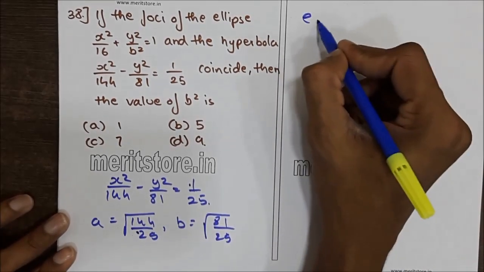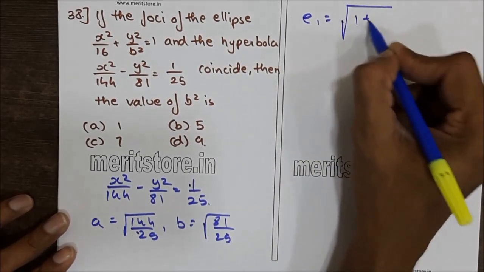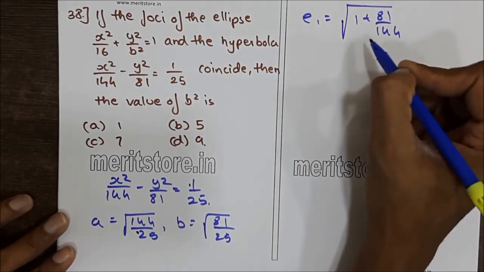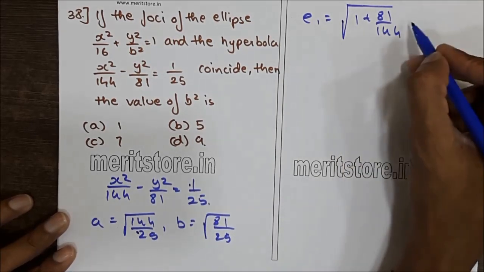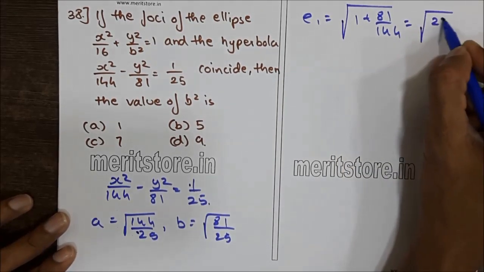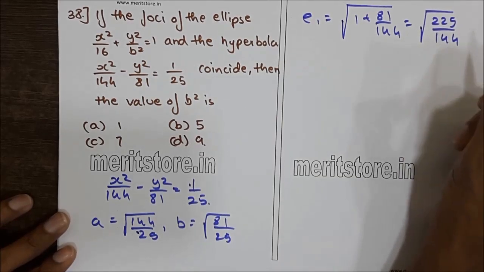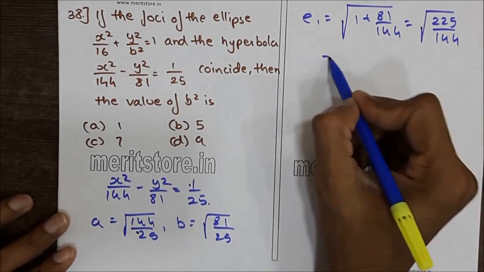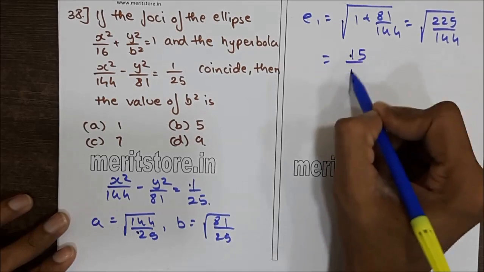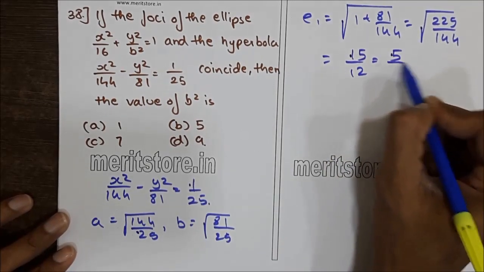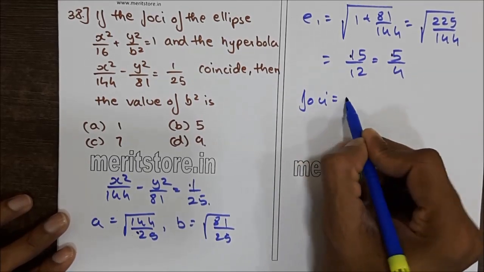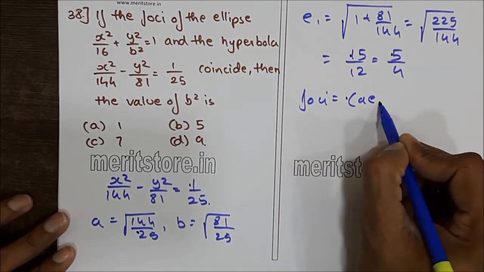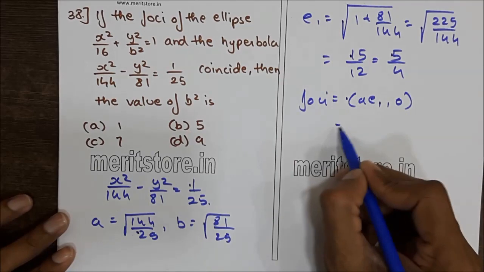For eccentricity, we get e equal to root of 1 plus 81 by 144. When we substitute the values of A square and B square in the formula of eccentricity, we get root of 225 upon 144, which is 15 by 12, which is 5 by 4. So the foci are (ae, 0).